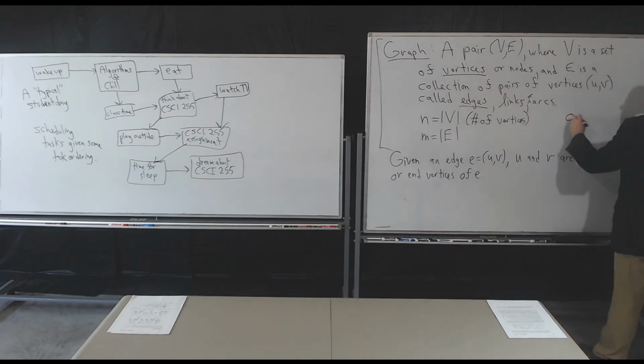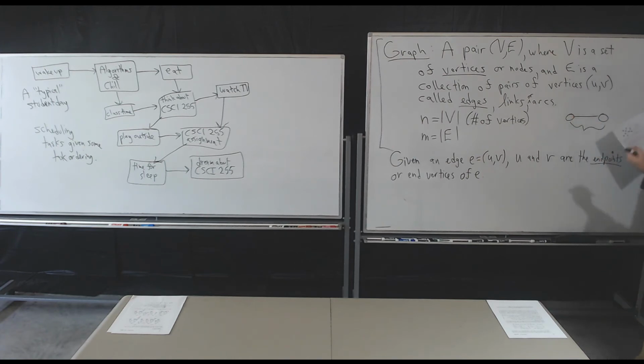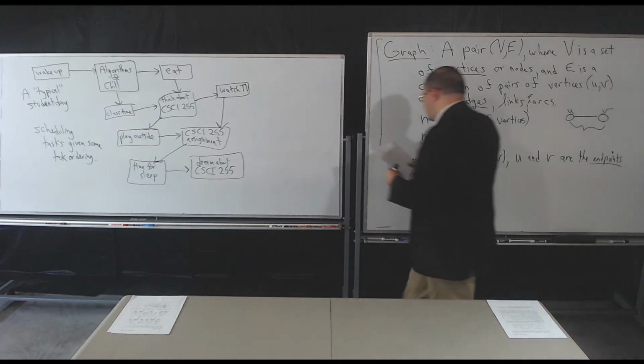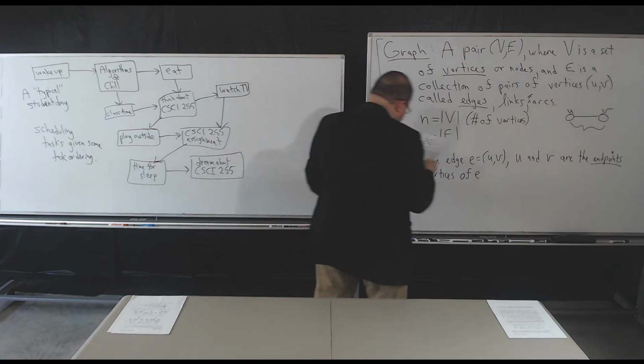Well, imagine you have an edge that looks like this. So this is an edge. What are these? These are the endpoints of the edge. This would be U, that's V. Those would be known as the endpoints of an edge.